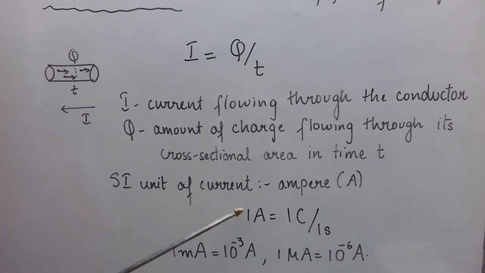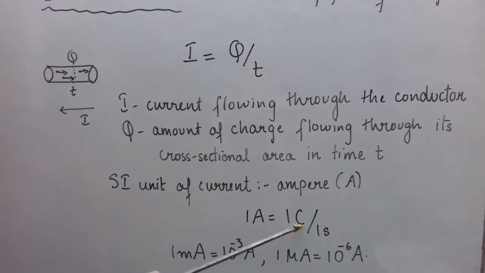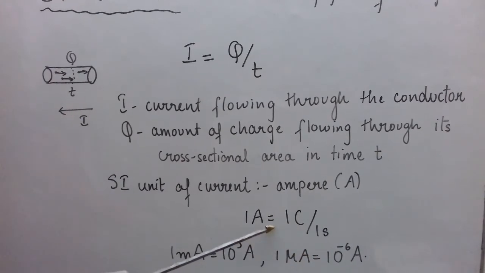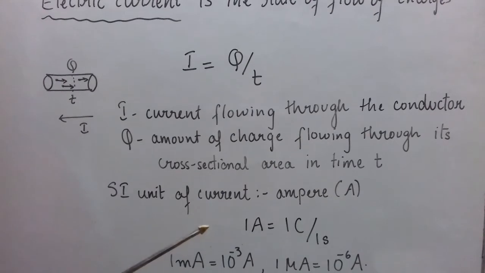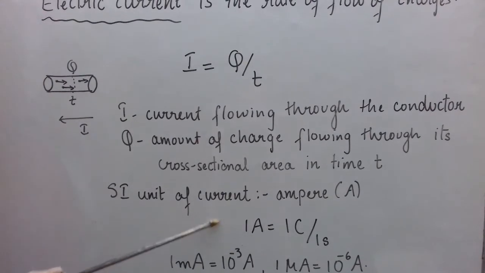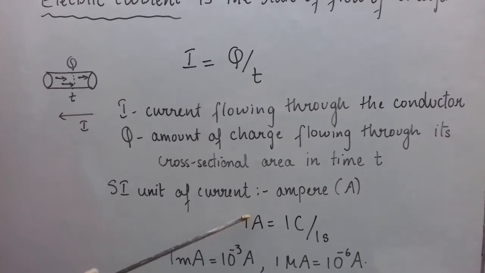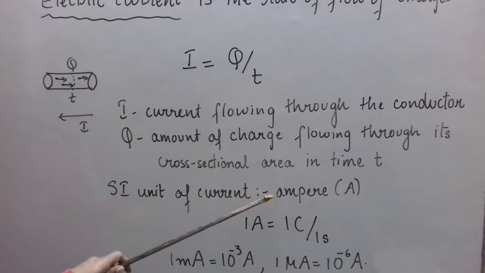Electric current through the conductor is said to be 1 ampere when 1 coulomb of charge flows through it in 1 second, or flows through its cross-sectional area in 1 second. Hope you know how to define the units by using the equation.